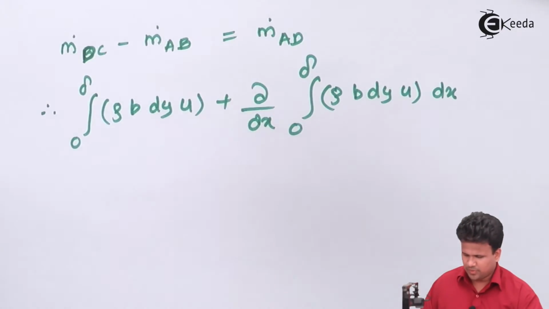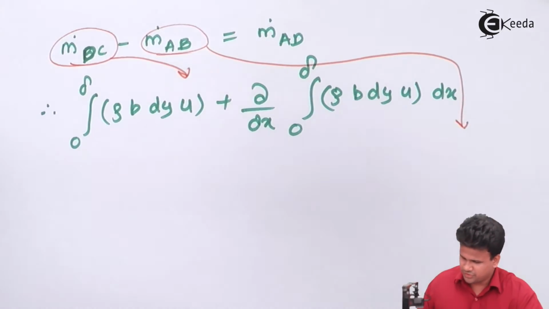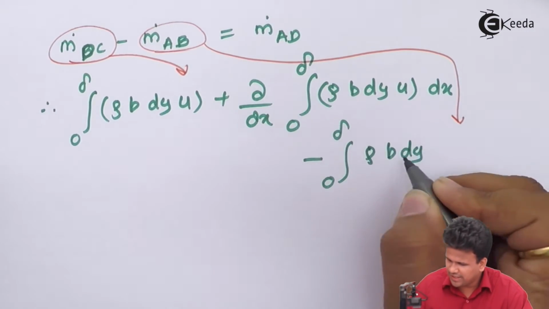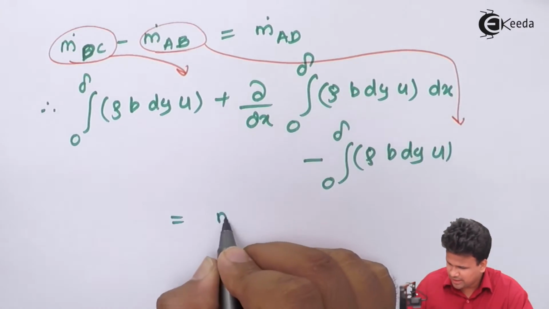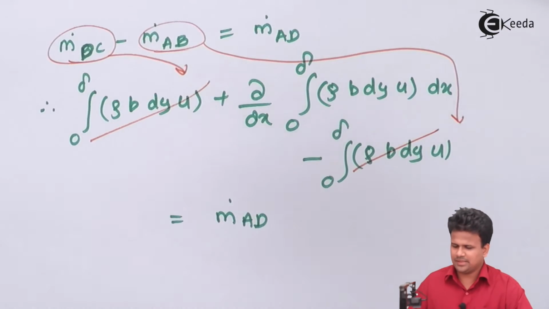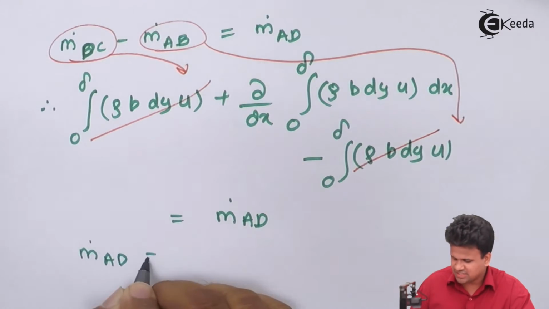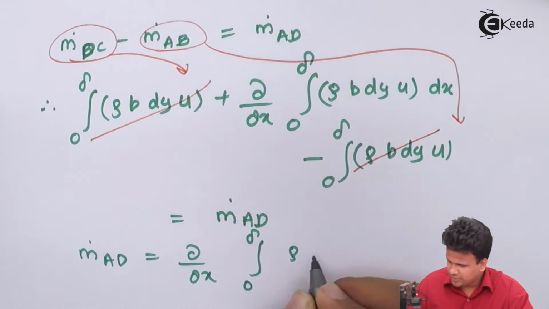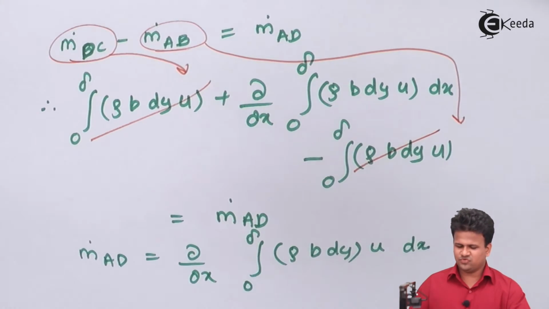So this is the mass flow rate through AD.